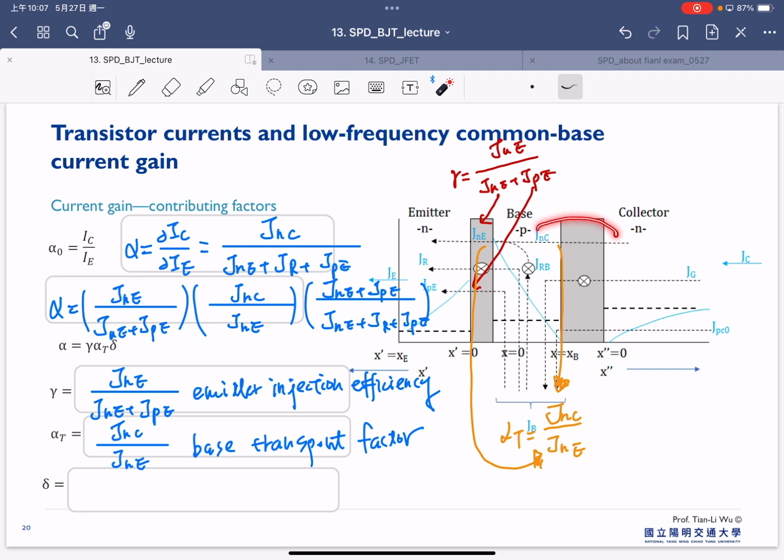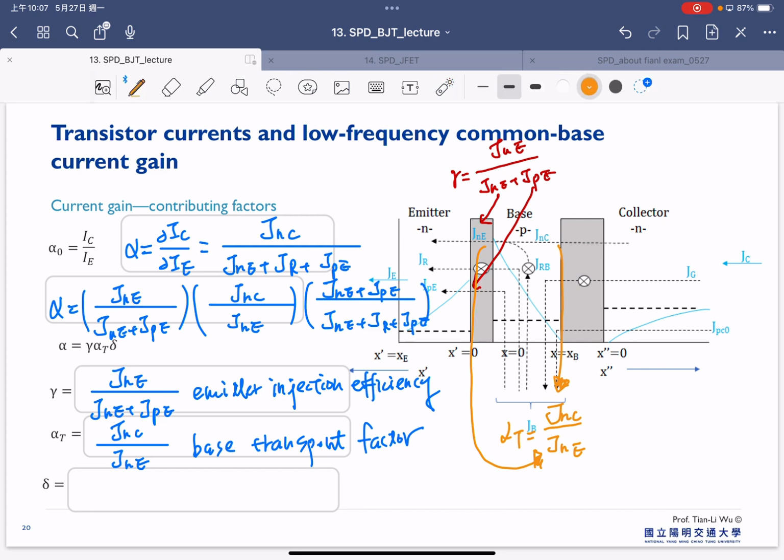In the end, the electron current will reach the collector, that's the JNC. And part of the electrons will be recombined inside the base region. So we are curious about the ratio that in the end reaches the collector over what begins from the emitter. So that's why we call this the base transport factor here.